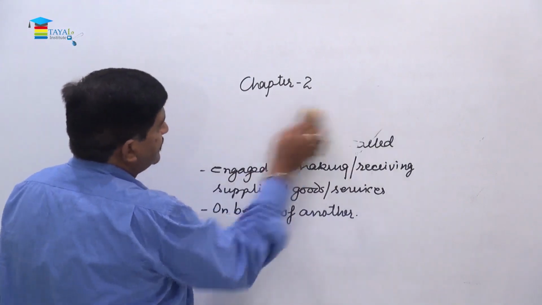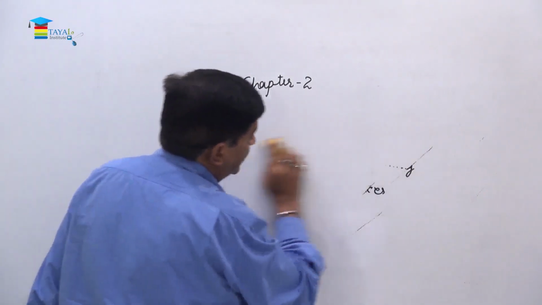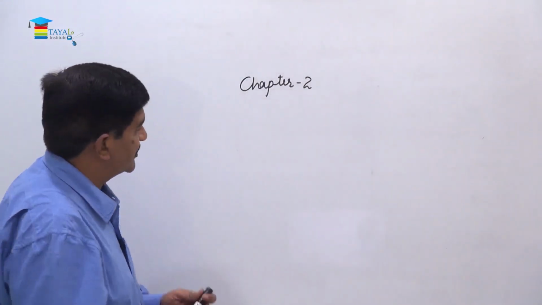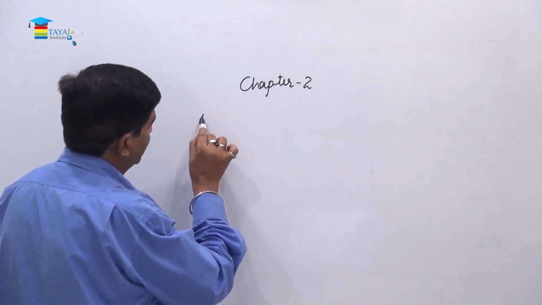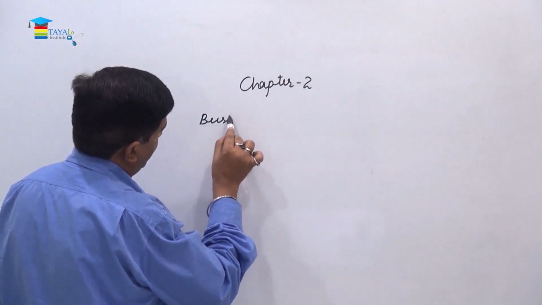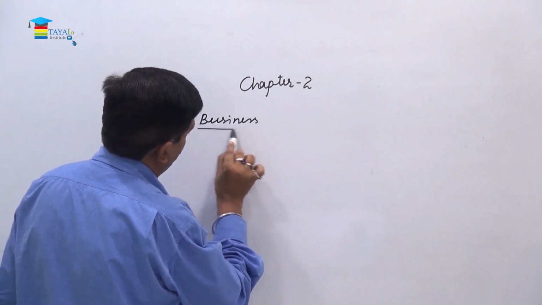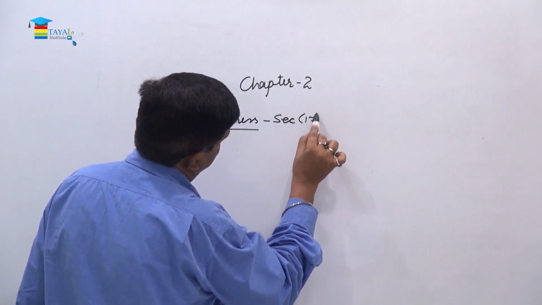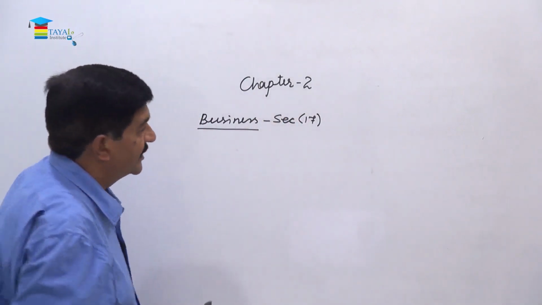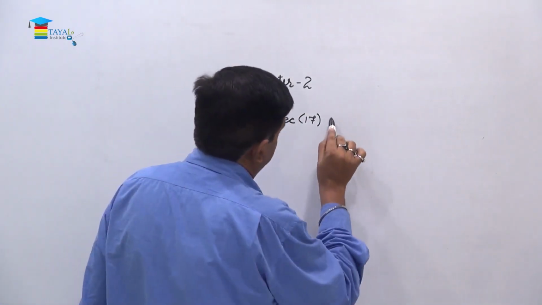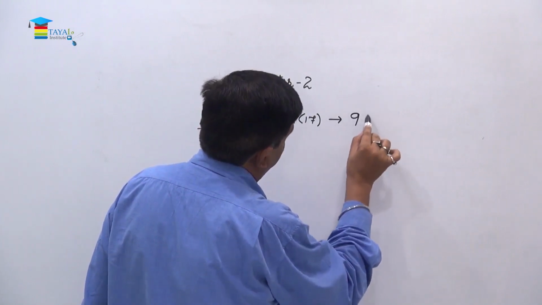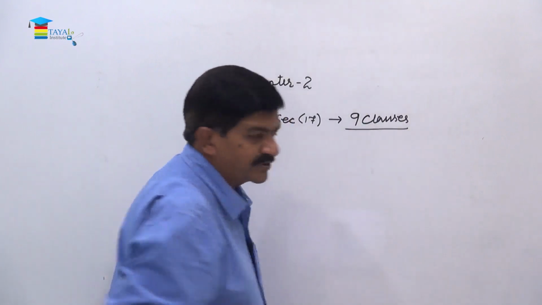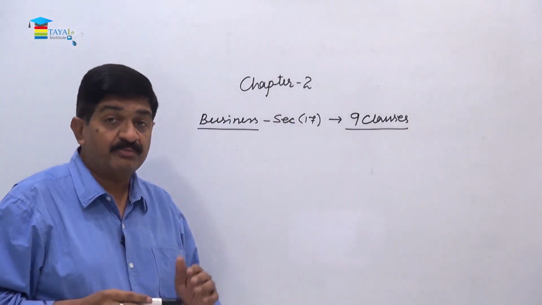Now, the next and the most important definition comes under section 2, subsection 17, and that is called business. What is called business? This is defined under section 2, subsection 17. The very first thing is there are 9 clauses in the definition. If you remember the 9 clauses, that will help you reproduce the definition.